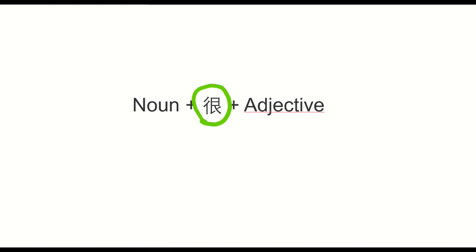We're linking the adjective with a hen. In this way, the hen kind of actually means is, even though we know hen on its own means very. But when you translate these sentences into English, because in English we use is for an adjective, the cat is happy, you just have to remember that the hen does mean very, but actually it means is.